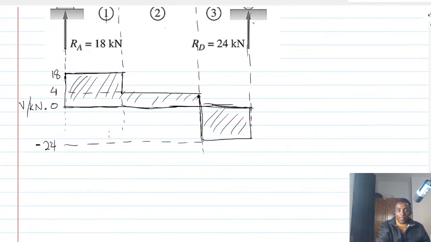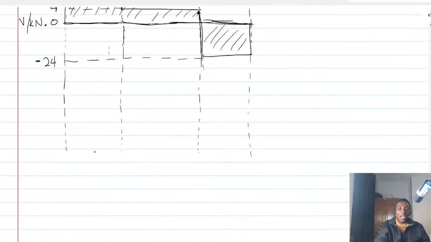So for the bending moment, I can also create an arbitrary axis. But sometimes in the exams, you may be given a graph sheet. And on the graph sheet, you have to draw it to scale. So it depends on the examiner. Sometimes they can say sketch.